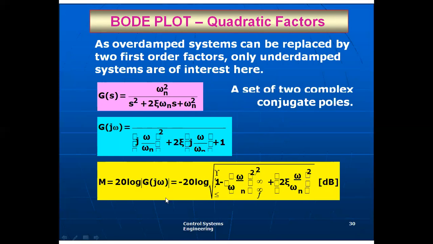Converting this, you will get the magnitude as minus 20 log of square root of (1 minus (omega divided by omega n) square) whole square plus (2 delta omega divided by omega n) whole square. This is the real part and this is the imaginary part.